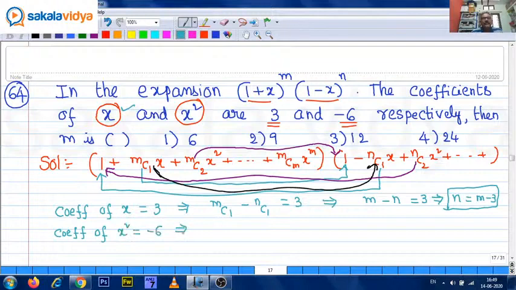That implies, let us pick up the x square coefficients: nC2 into 1, plus mC2 into 1, plus mC1 x into minus nC1 x, that is minus mC1 into nC1, equals minus 6. So we need to simplify this one.